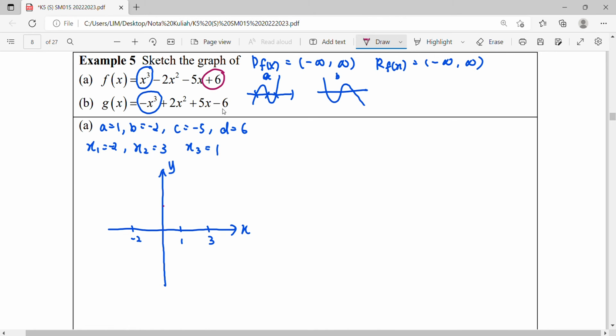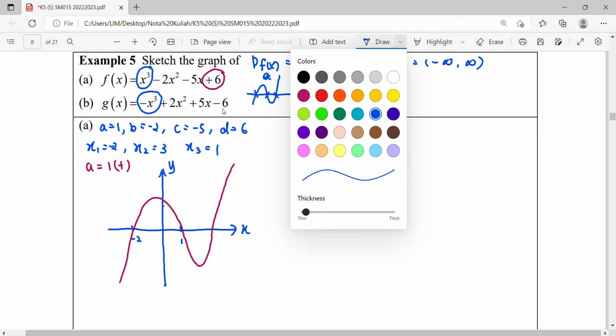Okay, so we start drawing our graph, our S-shape curving. So going up because A is positive, so it will go up. So from the left here, we go up first, then we make a curve, continue to go up. So it is okay if you didn't have your point plotted here, we just relabel.